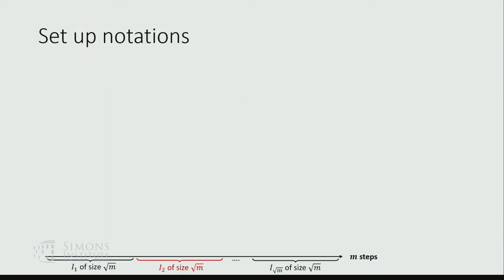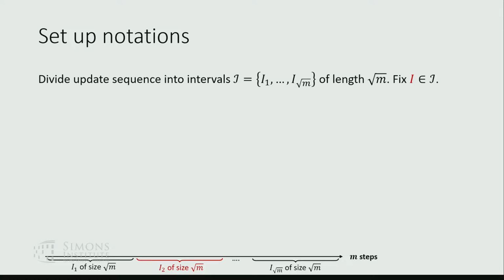To do this, I need some notation. We divide the update sequence of length m into root m intervals. Let's fix one interval I. This is just some interval of the timeline.